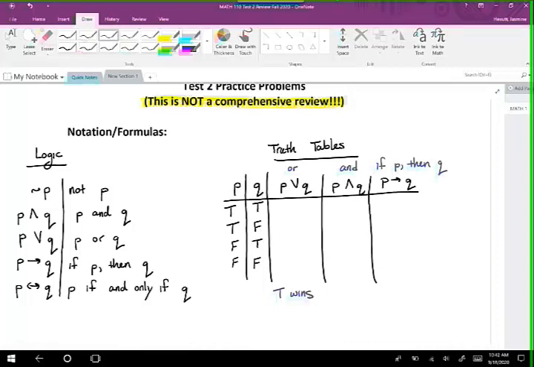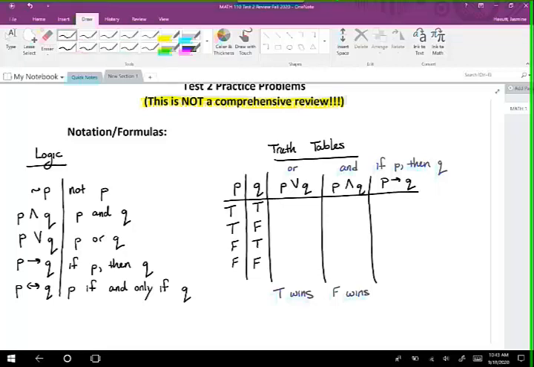And then for and, F wins, where you just need one statement to be false for the whole statement to be false. So if I said today is Thursday and today is Friday, that would have to be a false statement because at least one of those things has to be false.